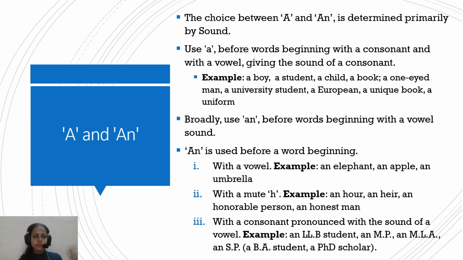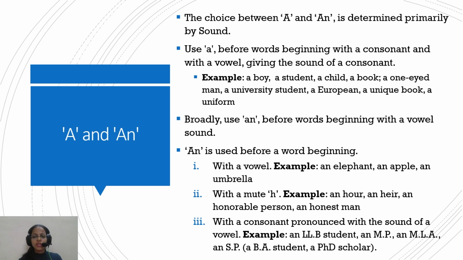A boy, b is a consonant, so a boy. Student, s, again a consonant, so a student. A child, a book. Here we can clearly see that the first letter is a consonant, and the sound of the first letter is also a consonant. So we use a. A one-eyed man was seen in the market today.